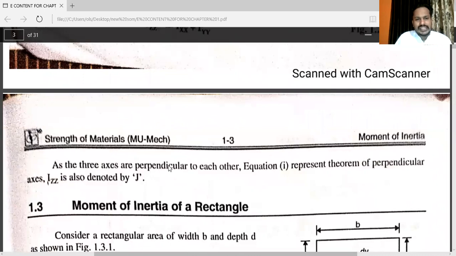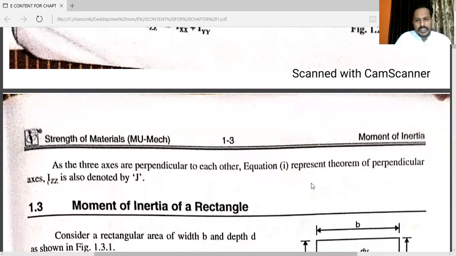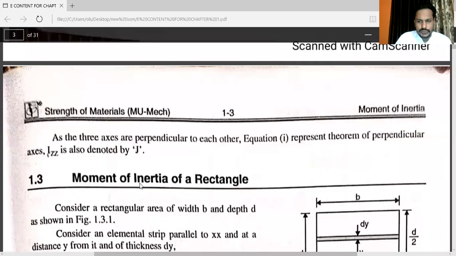As the three axes are perpendicular to each other, that equation represents theorem of perpendicular axis. That is, Izz is also denoted by the capital letter J. Means see, the capital letter I is nothing but a moment of inertia, and capital letter J is nothing but a polar moment of inertia.